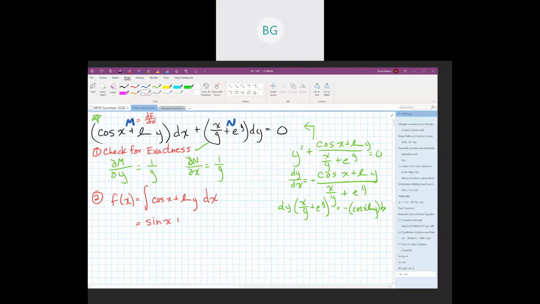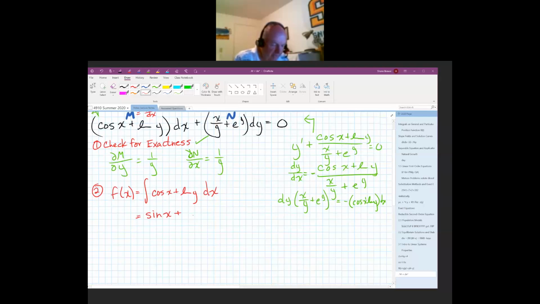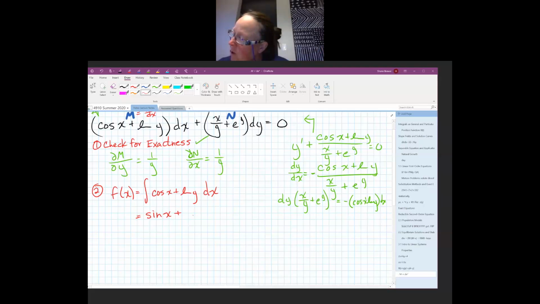So as you said, sine of x plus the integral of ln of y with respect to x is the natural log of y times x.